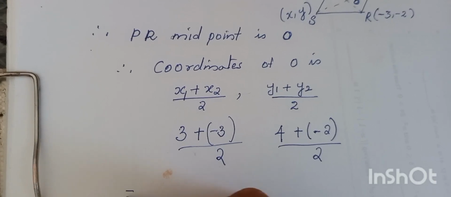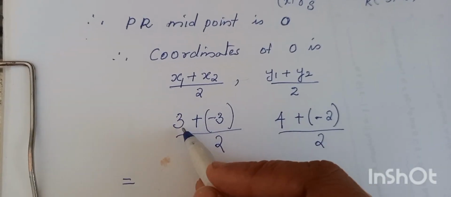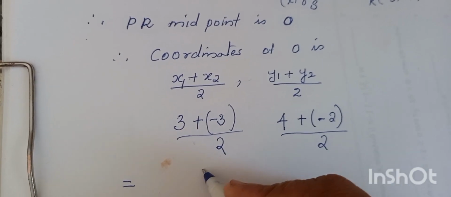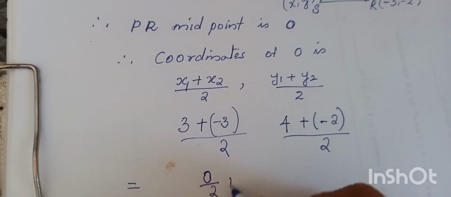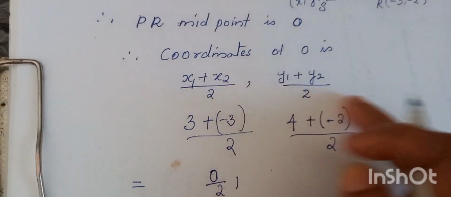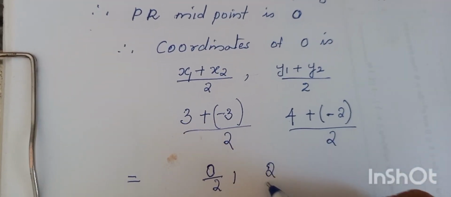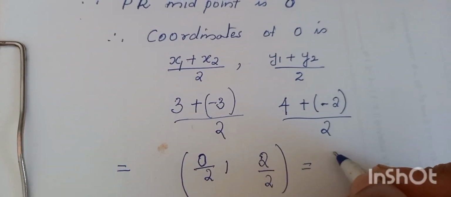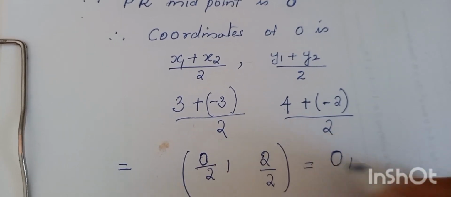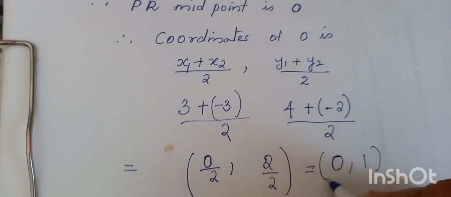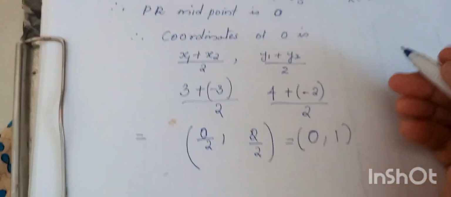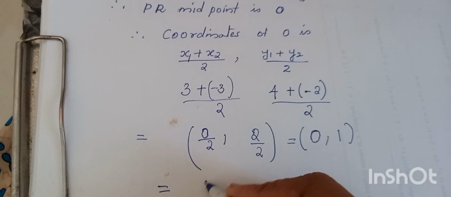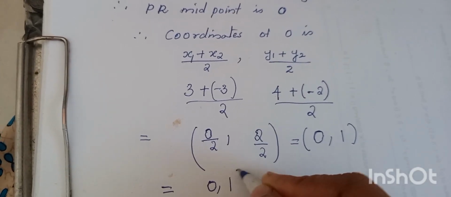So we get, after simplifying, 0 by 2, 2 by 2, which is 0 by 2 means 0 only, 2 by 2 means 1. So coordinates of O is (0, 1).